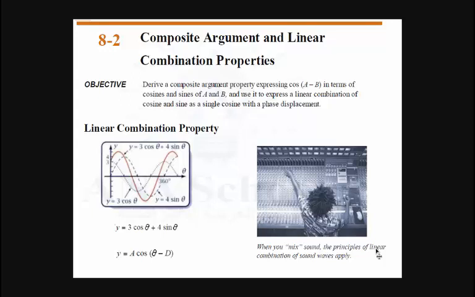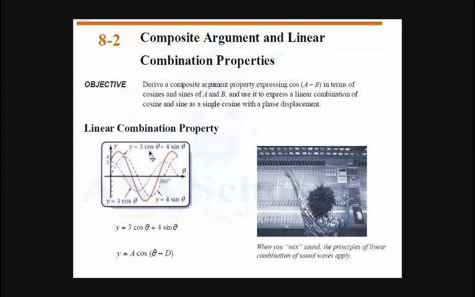So we're going to start this lesson with the linear combination property. You can actually derive a mixture or a combination of two sinusoidal functions, as we have already introduced in the previous video. We graph y is equal to 3 cosine theta plus 4 sine theta.